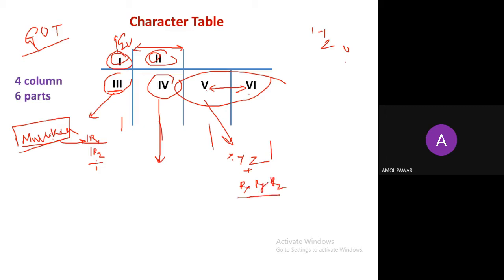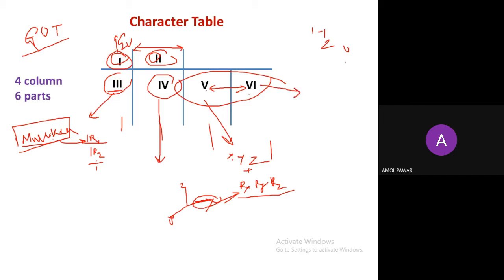What is the meaning of rx, ry, and rz? If I rotate x, then this is called the rotational axis rx. If I rotate y, then ry, and likewise rz.